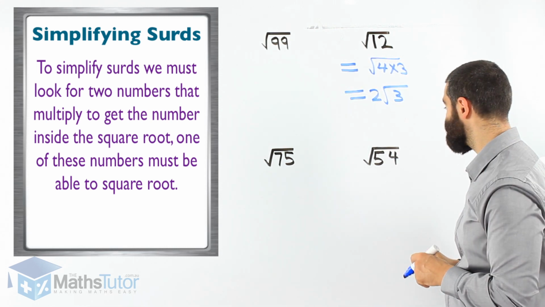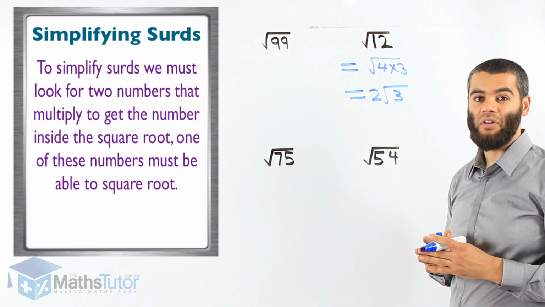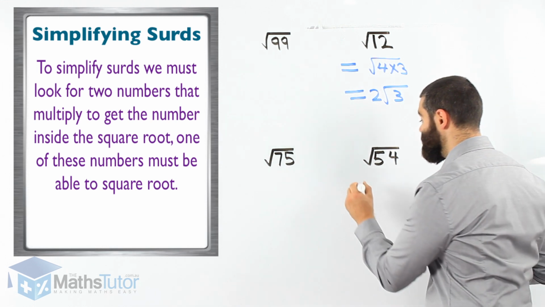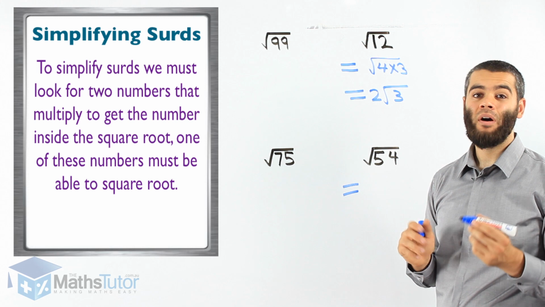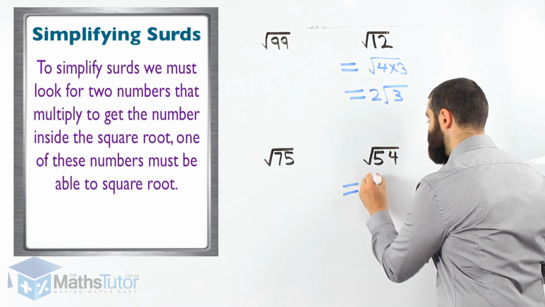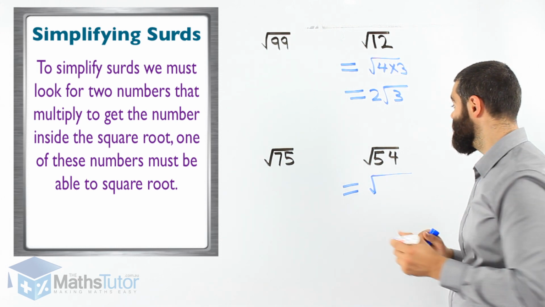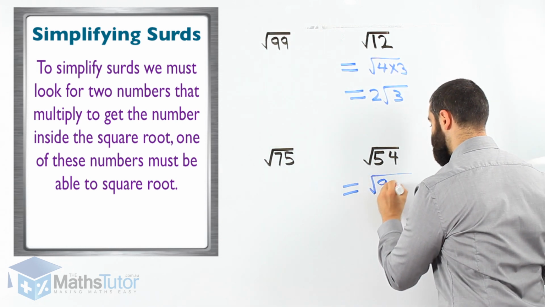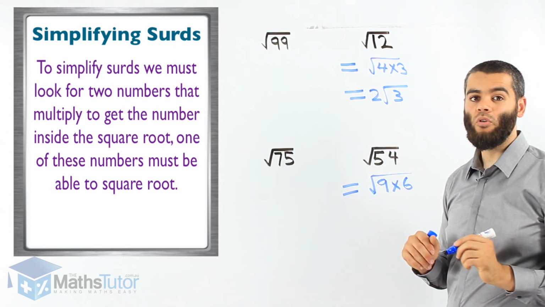The next one, root 54. We are asked to simplify. What do we do? We look for two numbers, the factors of 54. One of them must have a square root. So what do you think are the factors of 54 where one of them will square root? We know 9 times 6 equals 54.